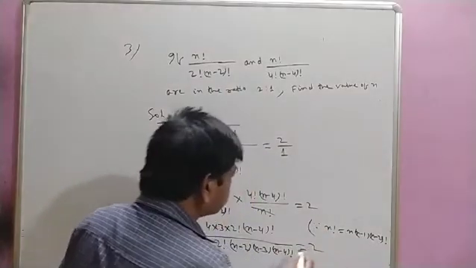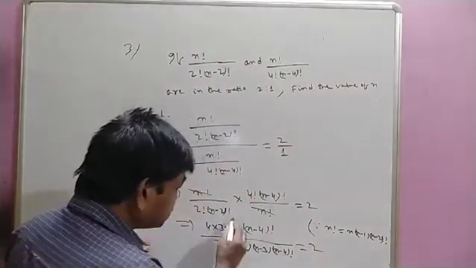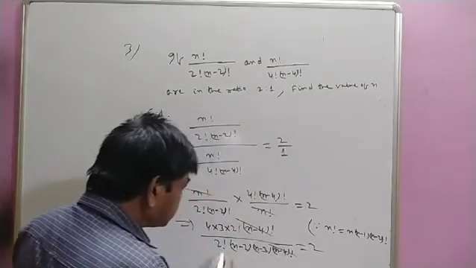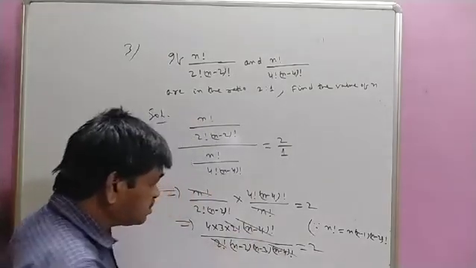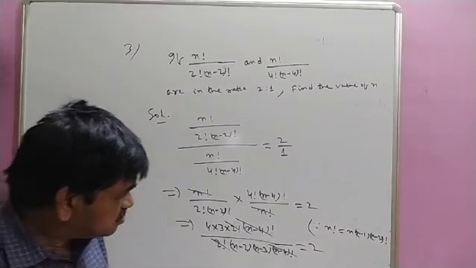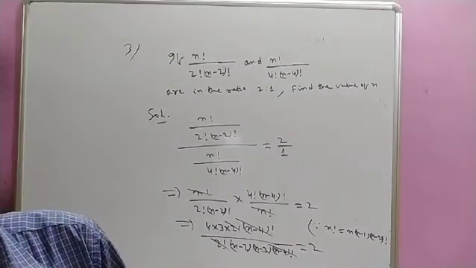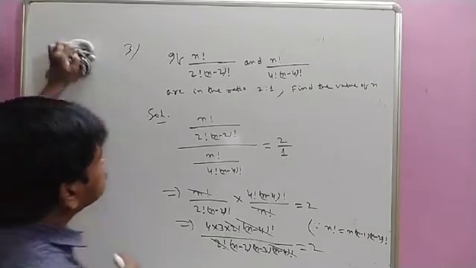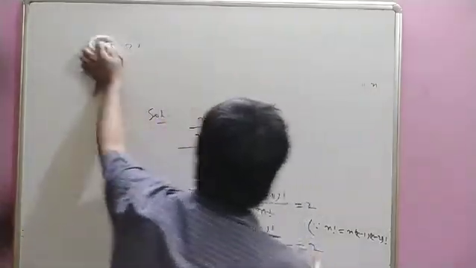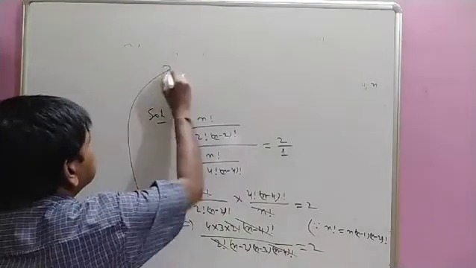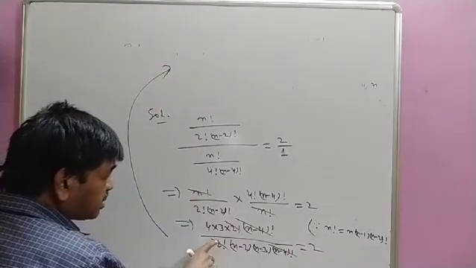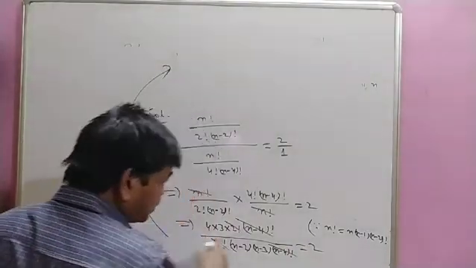So it is equal to 2. Now you see this n minus 4 factorial cancels, n minus 2 cancels, and 2 factorial cancels. Now you cross multiply, then from this you can get your n. Let us simplify: this is 4 into 3, let us cross multiply.